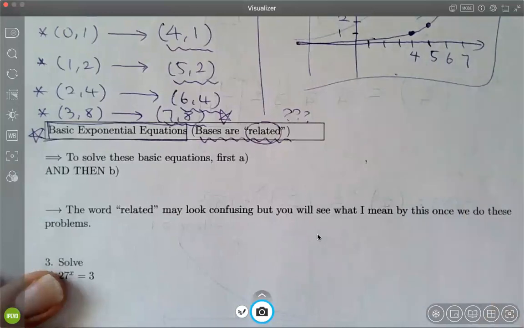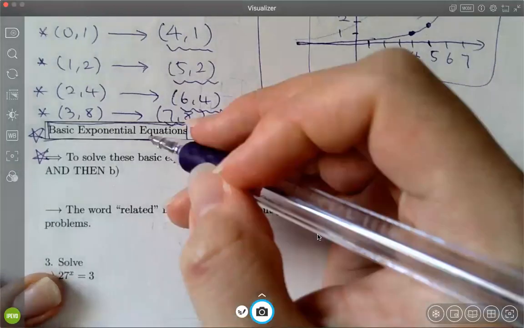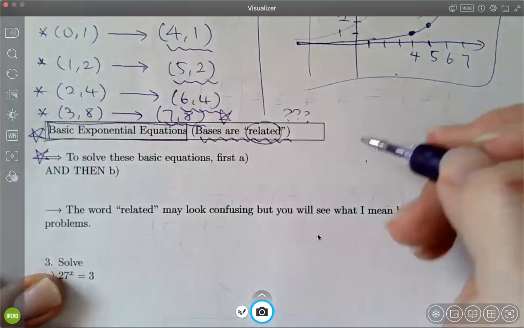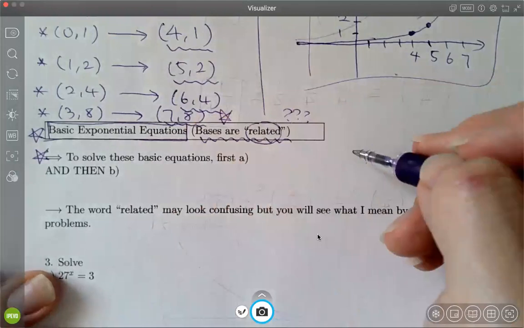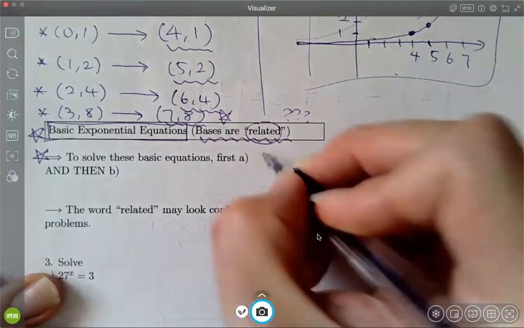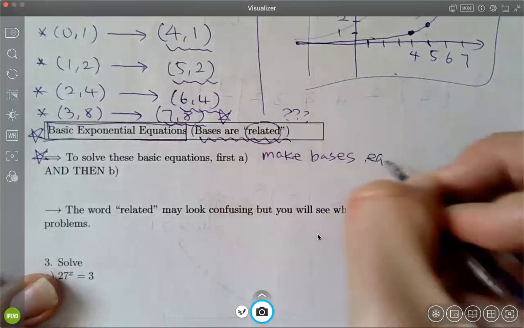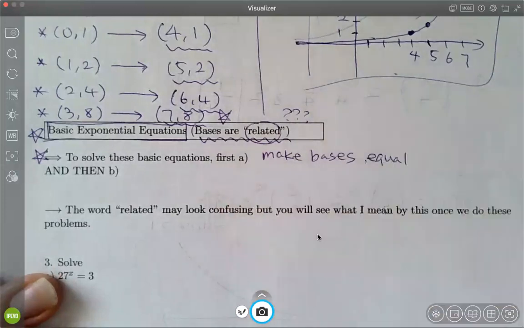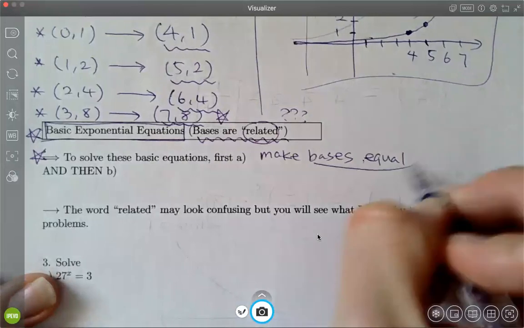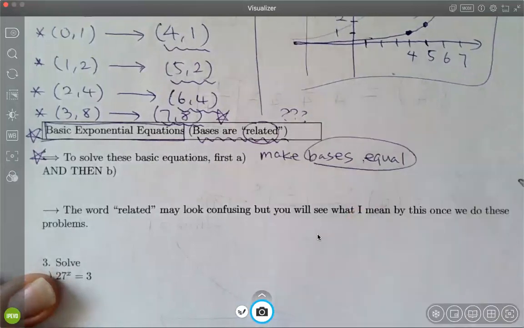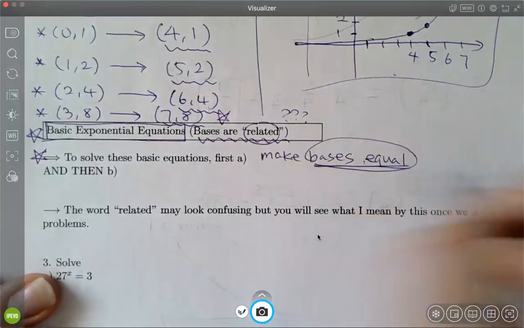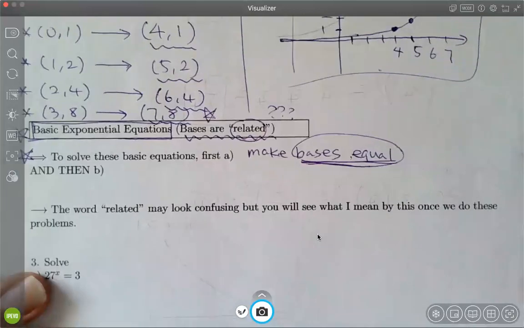Now, here is the scheme of solving such basic exponential equations. To solve them, first, make the bases the same. Make bases equal to each other. And then, okay, so here the keyword is and then.